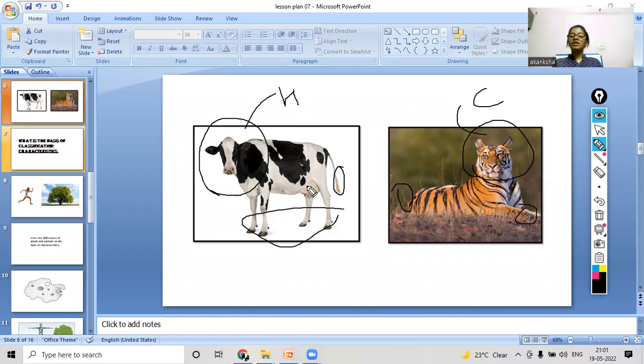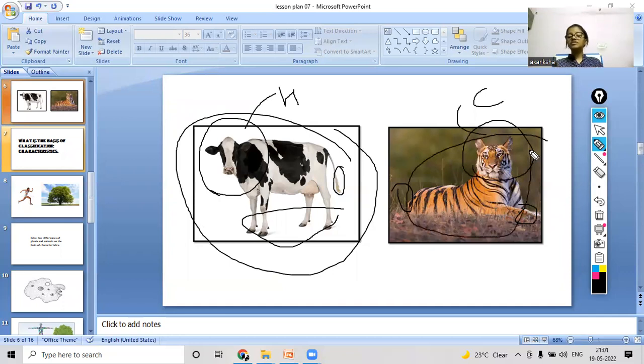Any difference in the structure also? The cow is big in structure, right? But this tiger is smaller in structure. And also we can see the different colors, like cow is in black and white color and the tiger has stripes on it. So these are the different similarities and differences between the different organisms.